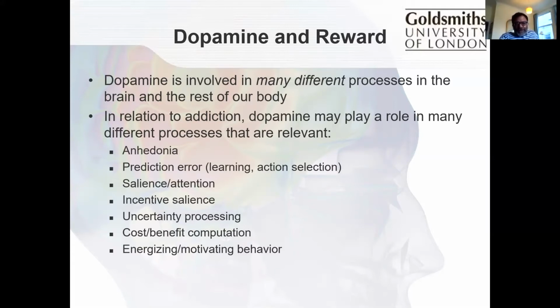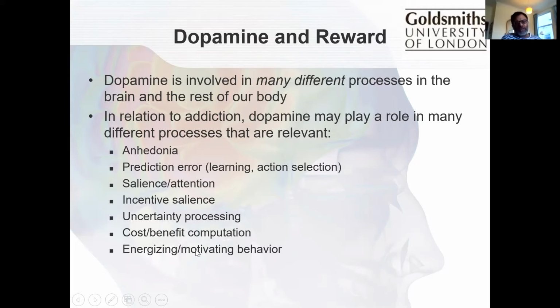So anhedonia, which is the feeling of feeling unhappy or flat. Things to do with our learning, so the way we make selections and how we learn, how we attend to different information, incentive salience. These things aren't really important for you to know.